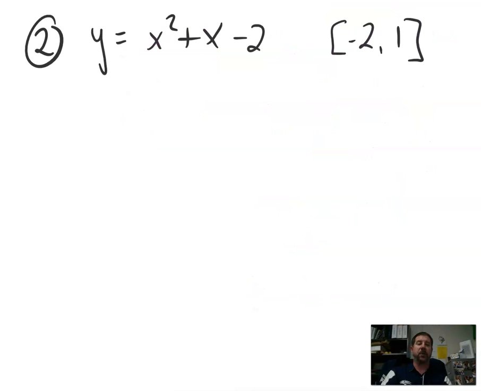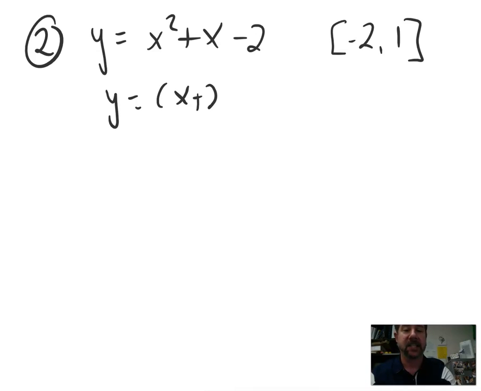Okay, next one: we want to find the length of the curve on this parabola from -2 to 1. If you can sketch a picture, you don't always have to, but I'll do it one more time. I might put it into intercept form.